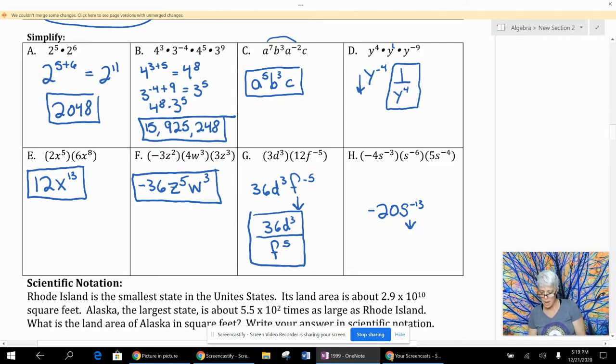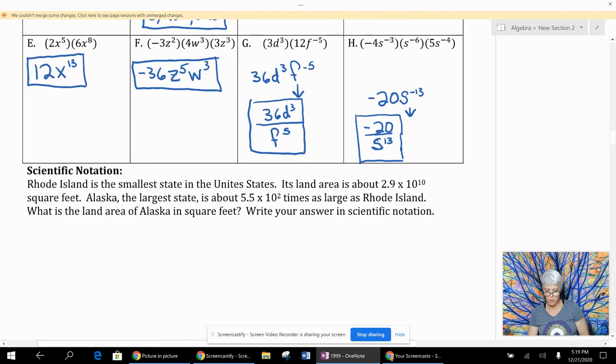So now I have negative 20 on top, S to the power of 13 below. So there's my final answer. Whoops, let me take that negative off the exponent. Now that is a mistake that some students will make. They'll push it down and then they will leave the negative on there. So do not make that mistake. I almost made it. The negative is okay on the 20. You can leave the negative there.